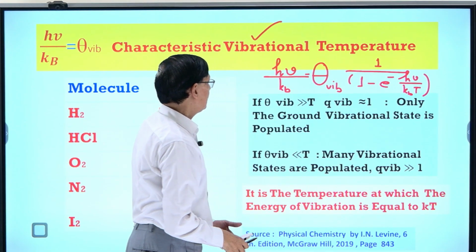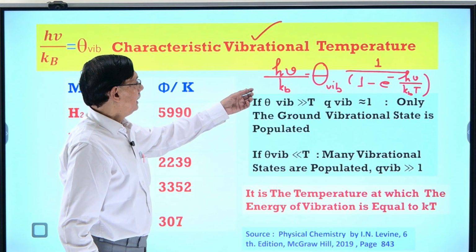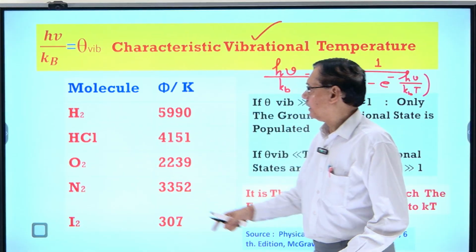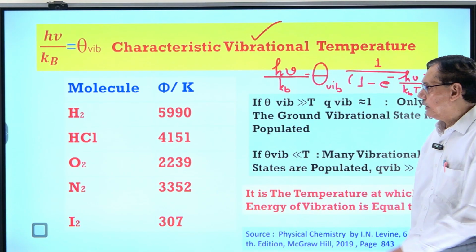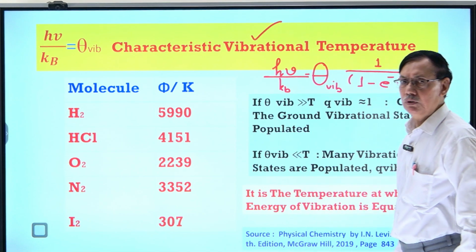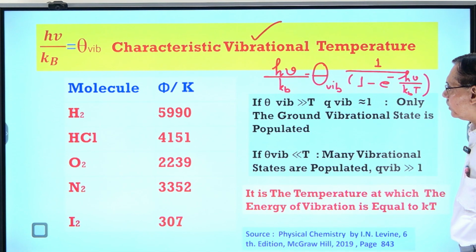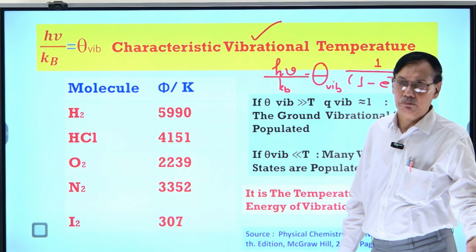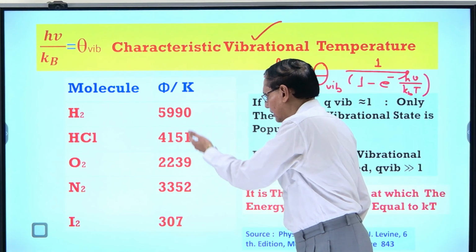And if you ask me, sir, what is that? For each of the molecules, if I am talking about hydrogen, HCl, oxygen, nitrogen, the partition function is a dimensionless quantity, but here the temperature is in Kelvin.